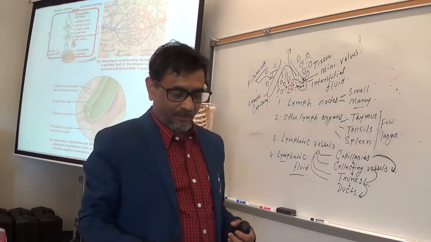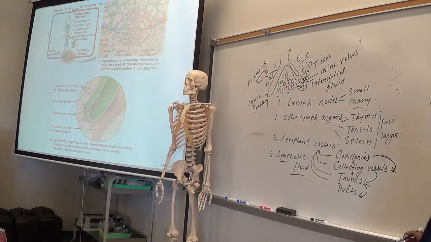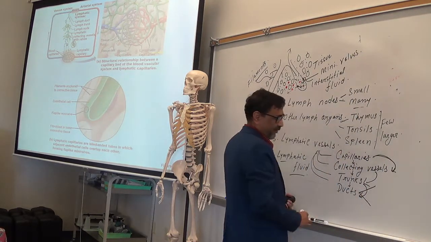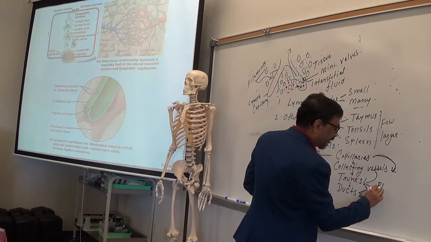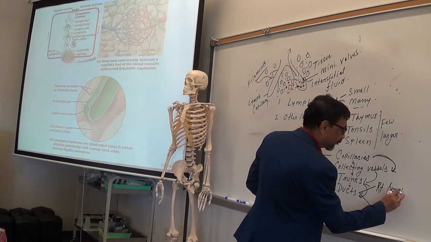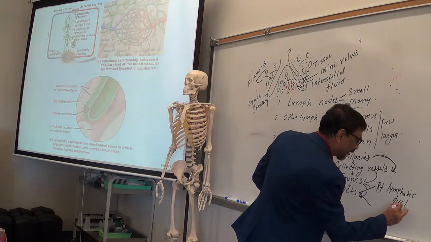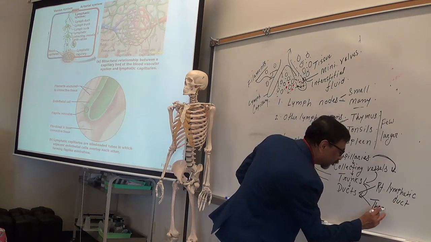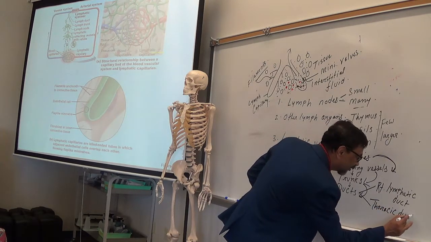So, the ducts will collect the fluid. There are two ducts in our body, in our lymphatic system: the right lymphatic duct, and another very important one, the thoracic duct.